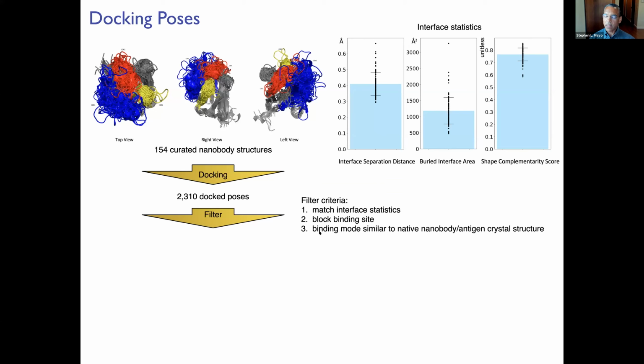And then ideally, it would be desirable to have a binding mode of the predicted nanobody interaction with the streptavidin that looks structurally similar to the nanobody's binding to its native or cognate antigen from the crystal structure. So that we would expect that there wouldn't necessarily need to be significant loop relaxation or reorientation of the complex.